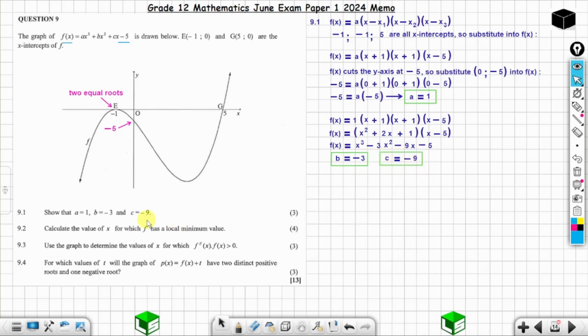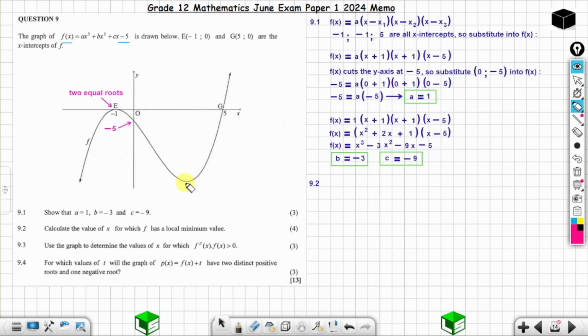Okay, we are done with 9.1. Now 9.2, calculate the value of x for which f has a local minimum value, for max. So the graph of a cubic function has got a local minimum value at the turning point.